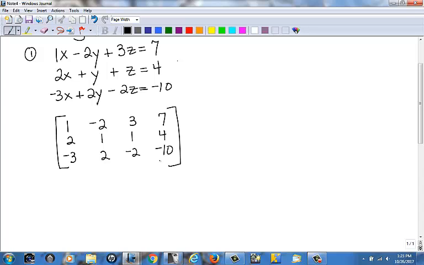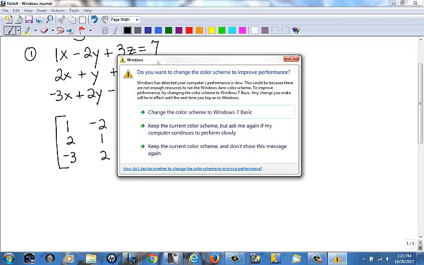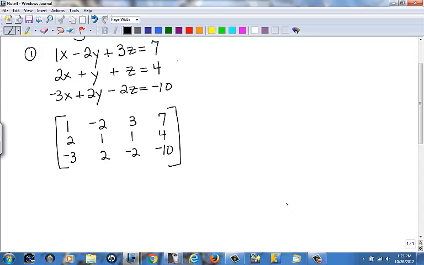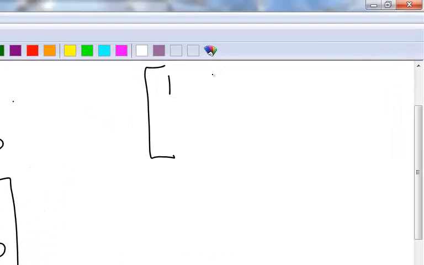Okay, now what you do is you do what they call elementary row operations, and it's basically the elimination method without writing down all the x's and y's and z's. So I always look in the first 3 columns. I look for any of those that have a 1 in them. And our final answer, we want to get down to 1x, 0y, 0z equals some number.